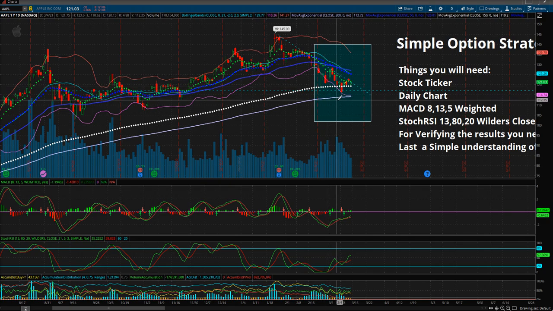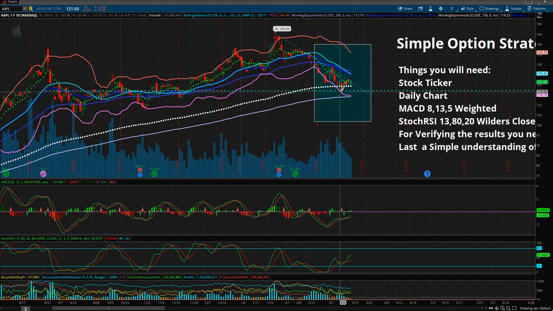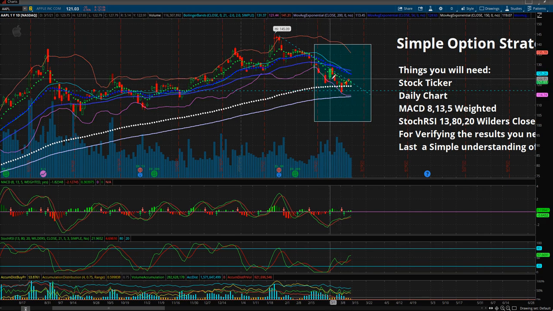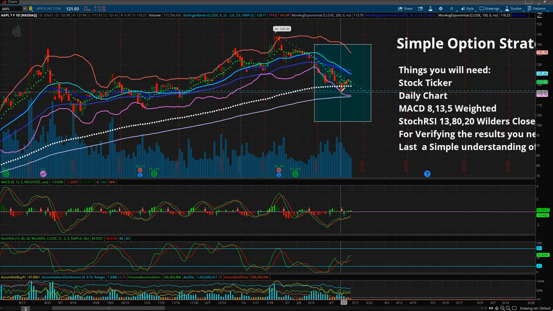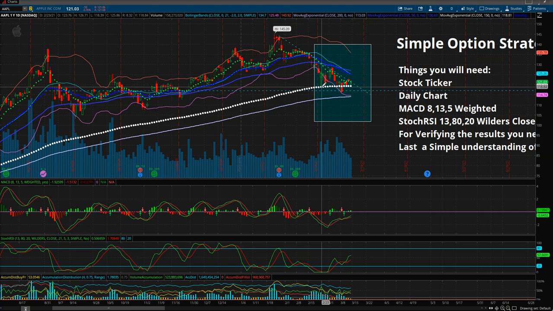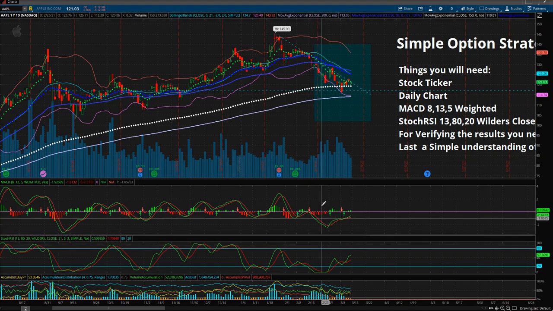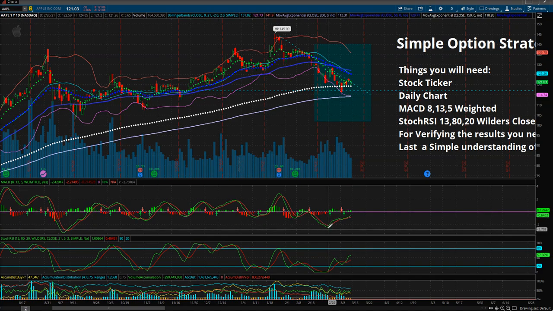Your second point of reference would be this next big red candle right here that also makes a new lower low in comparison to the 5 or 6 candles right behind it. So those are your two lower lows, and then you just look straight down and line up the lower low of this line on the MACD and the lower low on the stochastic RSI.